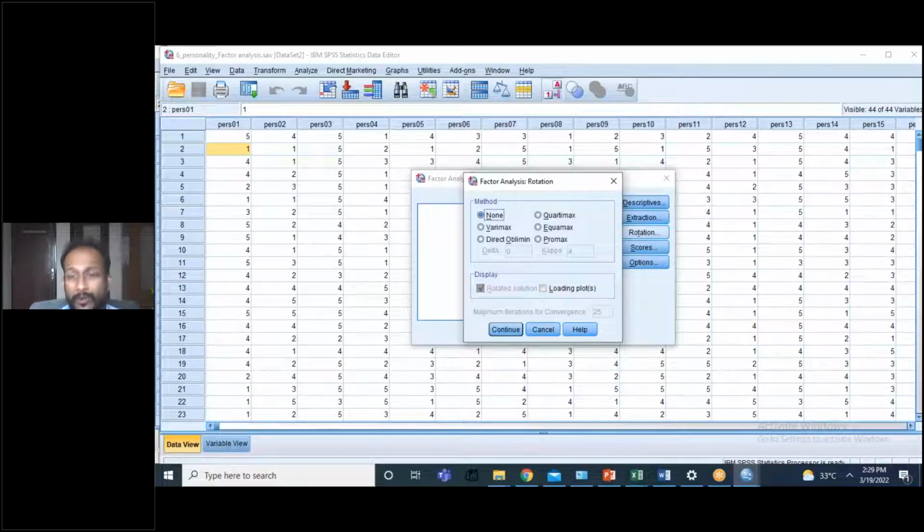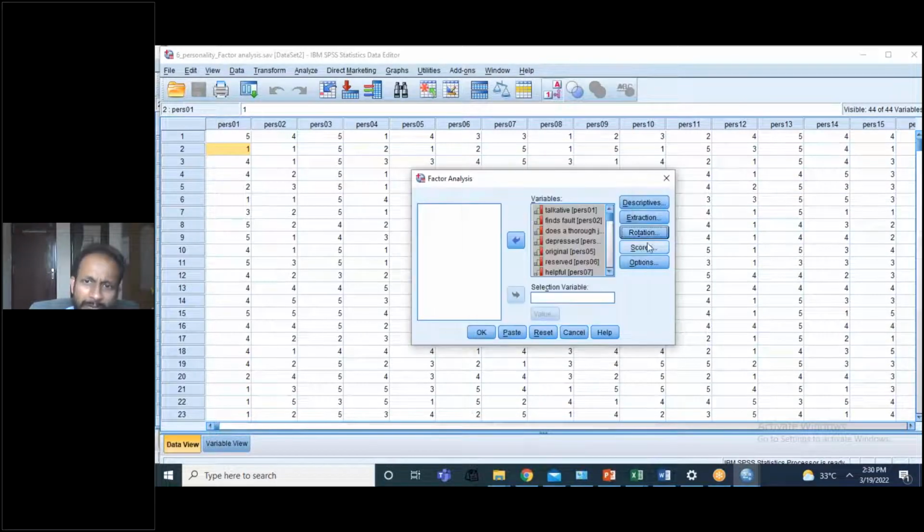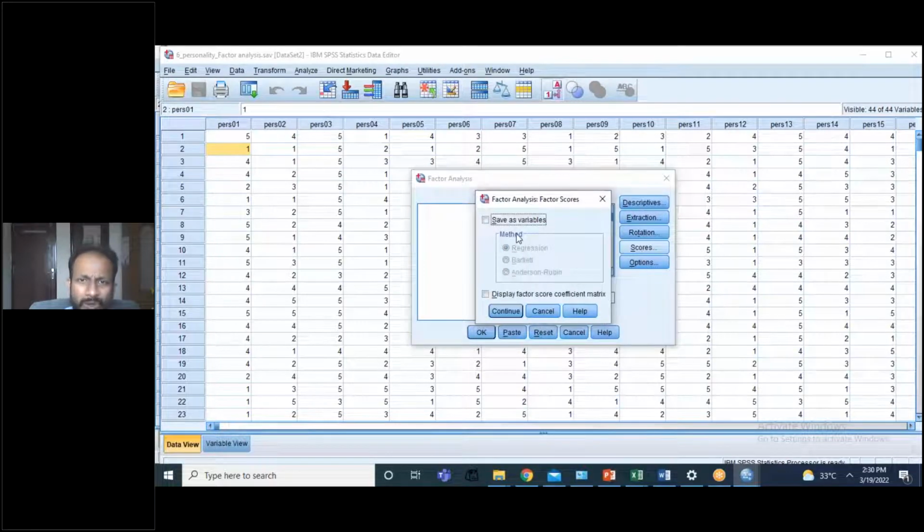So rotation is more like steering, where it distributes the loadings across different components to the maximum extent possible. Varimax and oblimin are different types of distribution of the rotation. Usually people go for varimax rotation. So you can choose varimax rotation, and the scores you can save as variables.